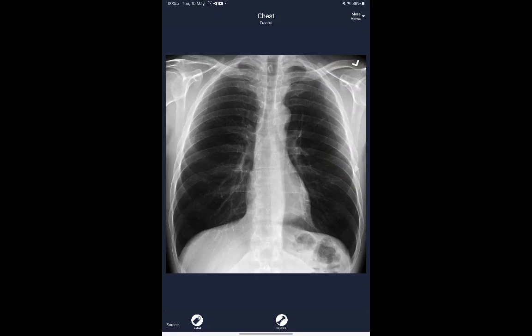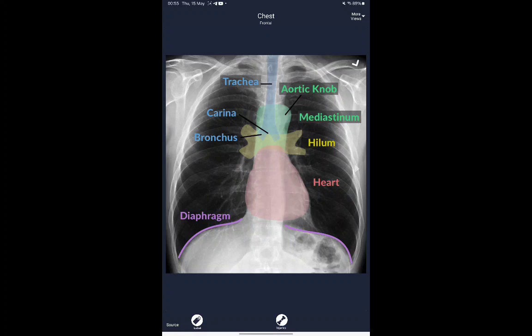Then we move to the mediastinum. The mediastinum includes the blue color, the green color, the yellow color, and the red color. All of these are soft tissue density. These are the mediastinum area, the midline of the chest in between both lungs, right and left lung.